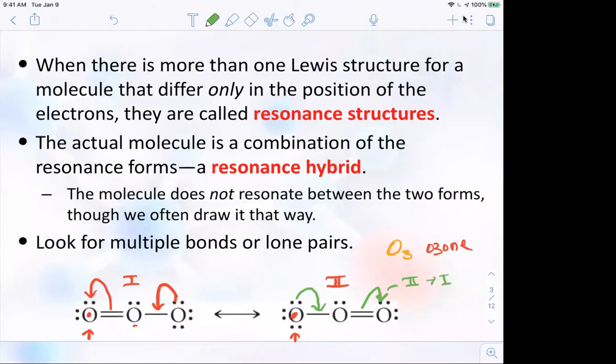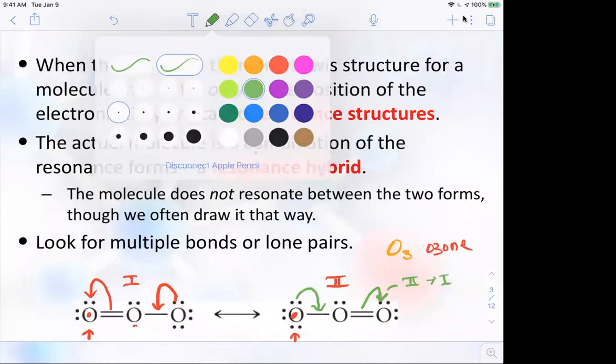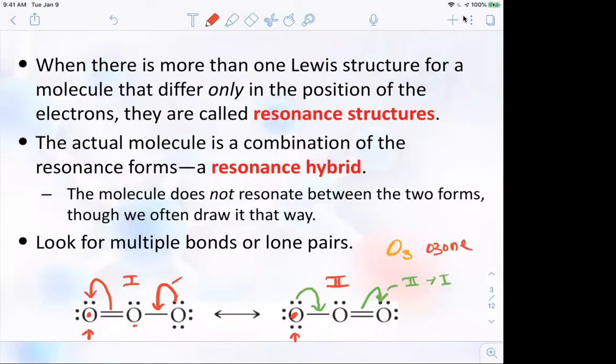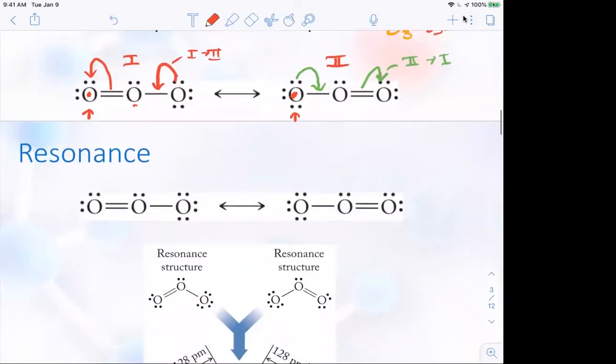And my red arrows show the transition from 1 to 2. Then the combination of those two structures, where I have half a double bond, like a bond and a half. So I don't quite have a double bond, but I have more than a single bond between the oxygen-oxygen bonds. That's what I would consider to be my resonance hybrid.